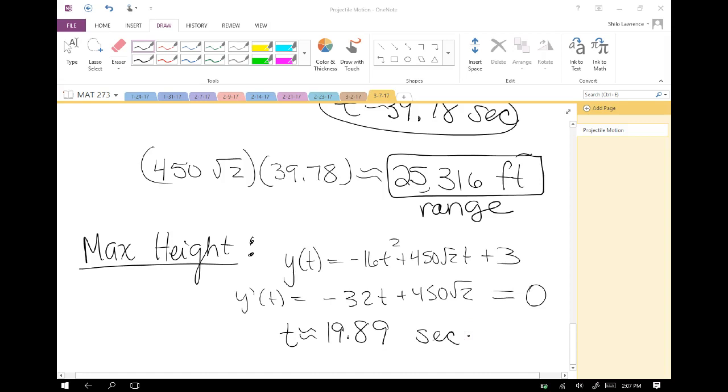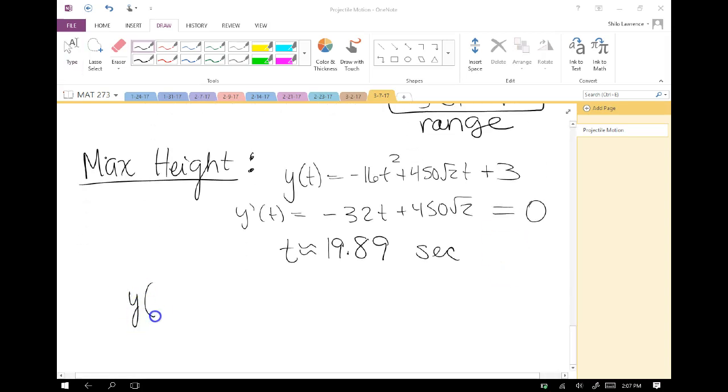Is that the answer they want? No, I want the actual height. Right, that is not your answer. You have to use your calculator, not the graphing part, though. The maximum height occurs at 19.89 seconds. So now we have to take that time and plug it into the height formula to figure out what the actual maximum height is.